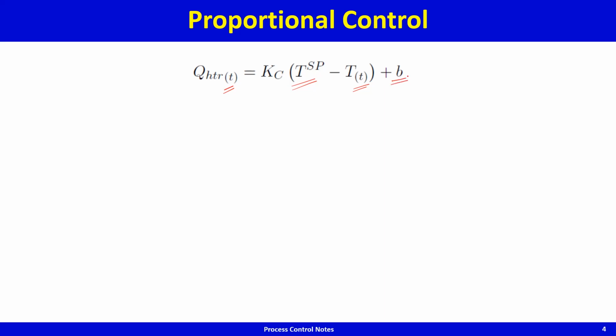To understand the bias term, consider the situation where everything is at rest, where the temperature is, let us say, equal to T set point. If we did not have the bias term, let's say this term was not there, then what would we have? We would have QHTR is equal to Kc times 0 when T is equal to T set point.